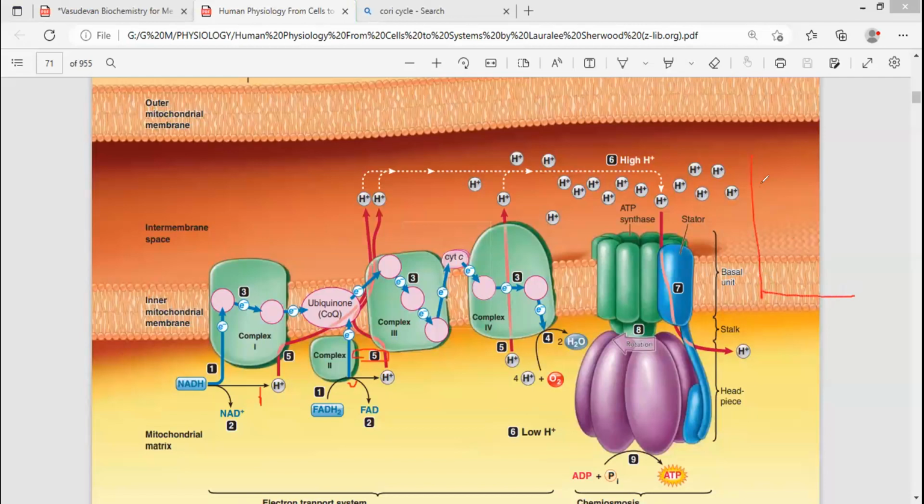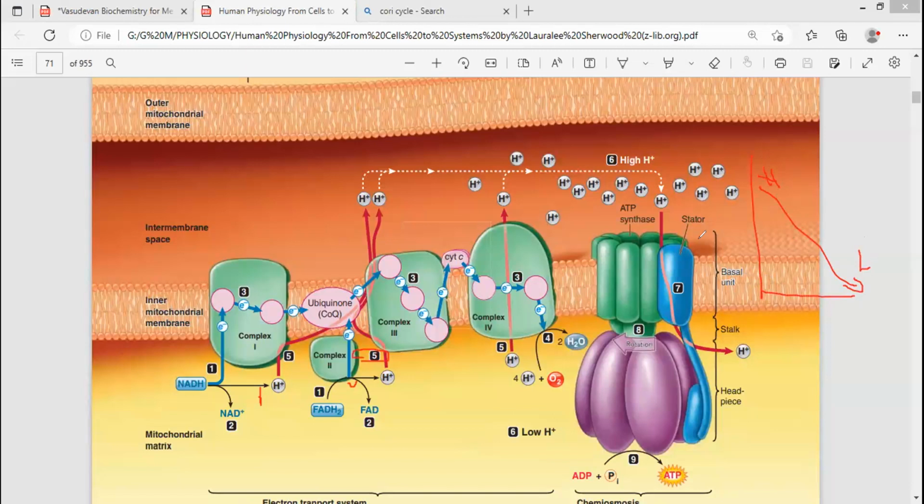This gradient, let's say it's looking like this, but we want it to move from this high to this low, right? That's the gradient we've created, because they are more concentrated on one side and less concentrated on the other side.